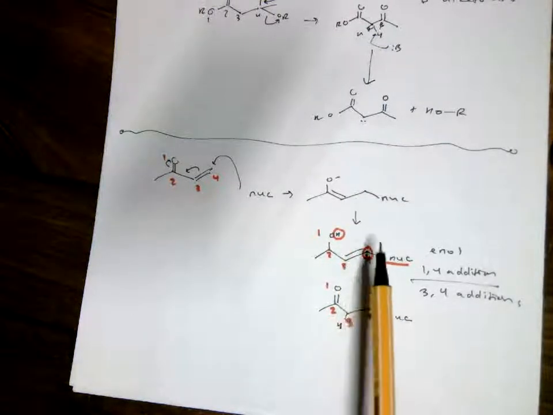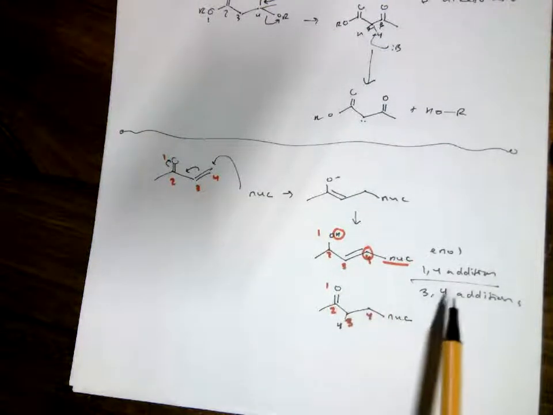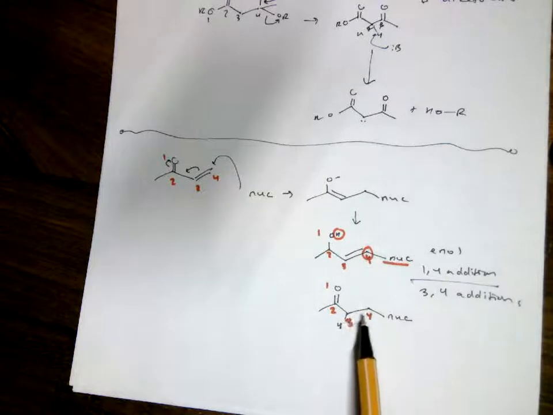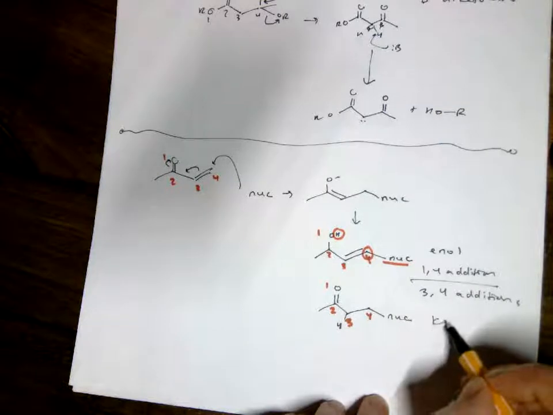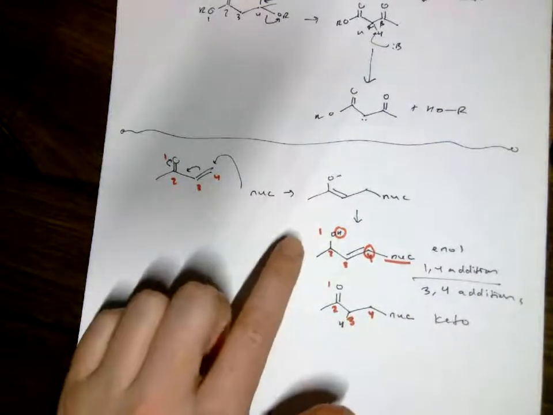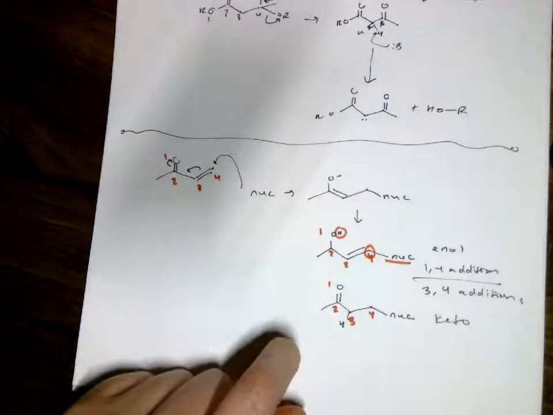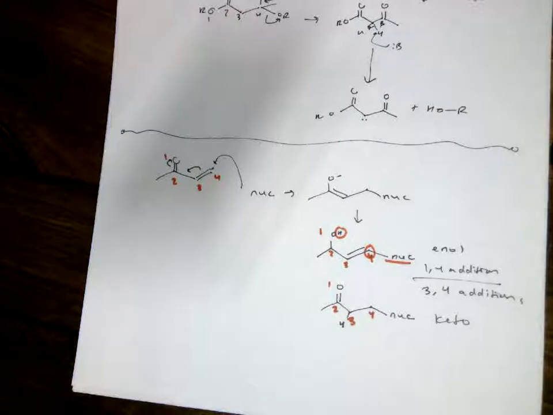It's just hard to recognize what's happening when it's called 1,4, but it adds ultimately at the 3,4 position, and it's all about that enol to keto tautomerization. So if it's easier for you when you're on an exam to look at this and think of it as 3,4 addition, I support that for you.